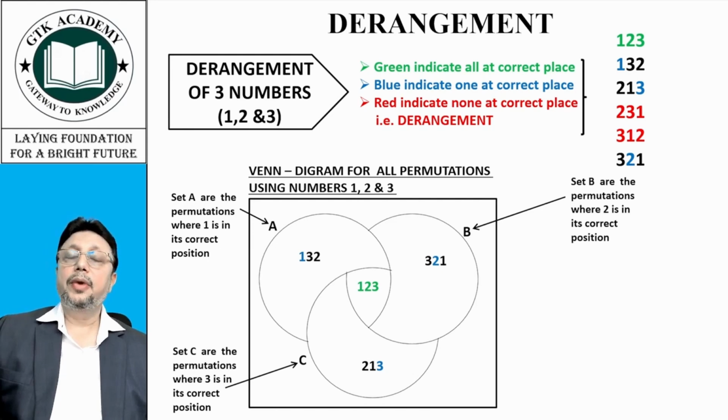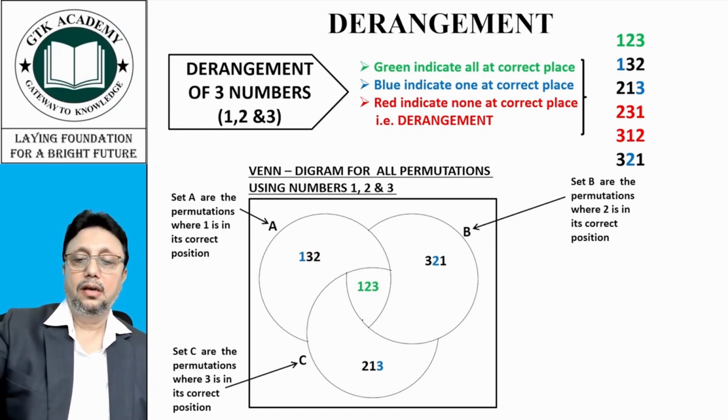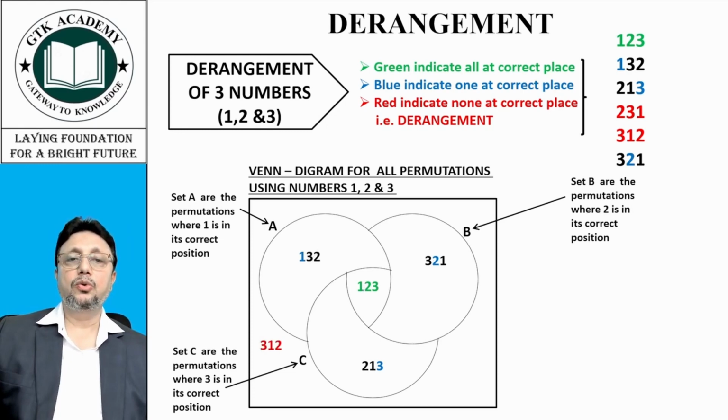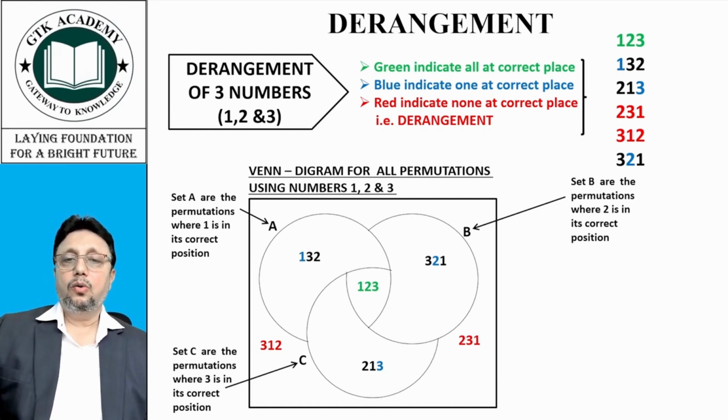Now, where are the remaining which do not find any place here? There are two which will be outside. Okay. Now, what does this figure depict? Just think for a while. I think you must have got some clue.